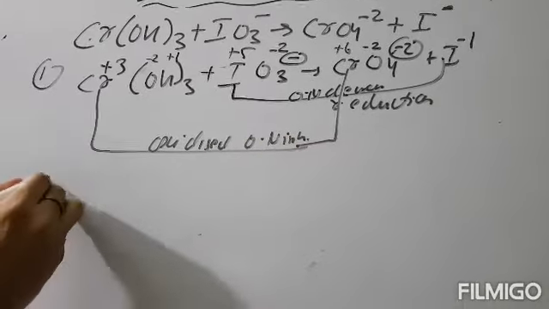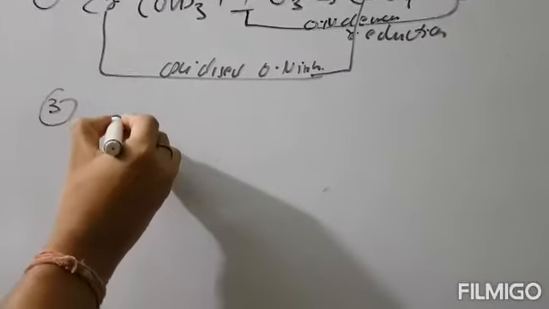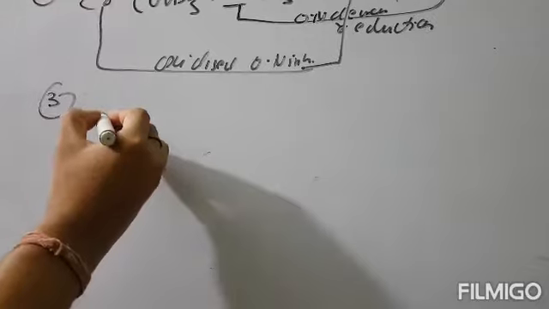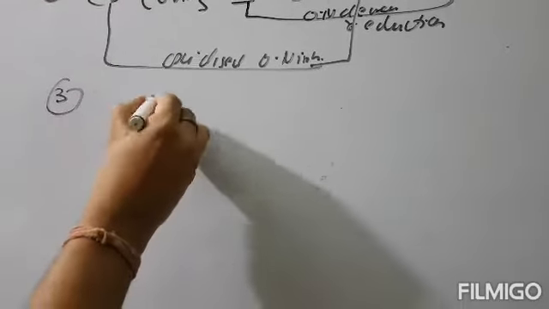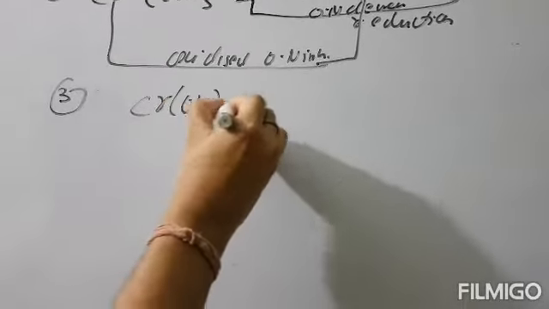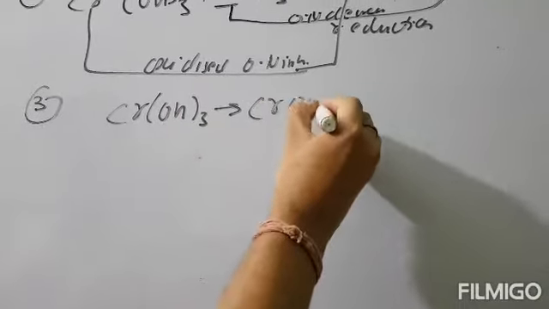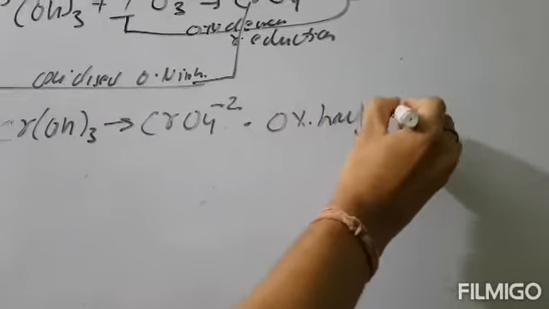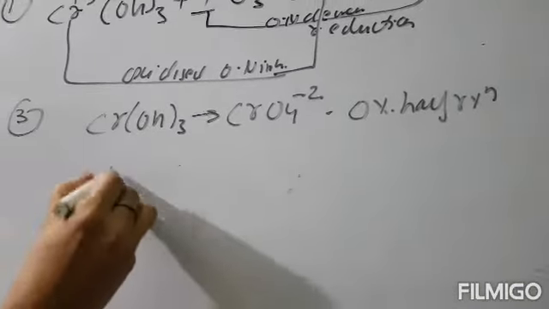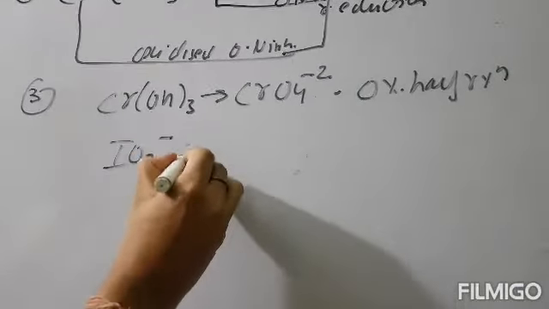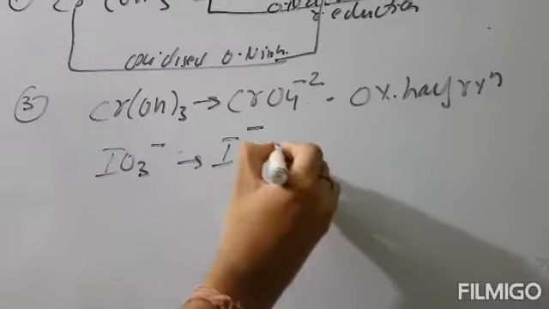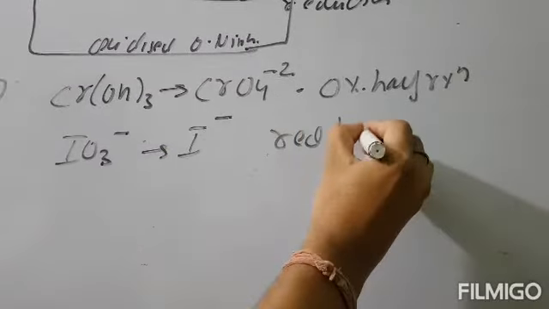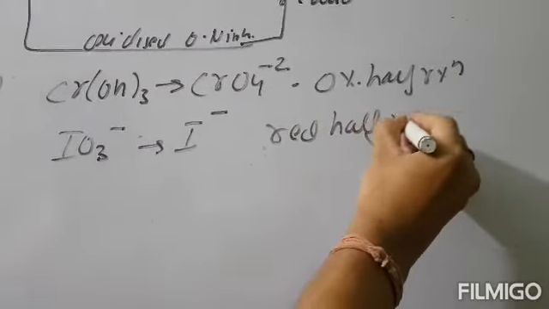Then the third point is that we will take out the oxidation half and reduction half reaction. So here Cr(OH)3 is giving you CrO4 2-. This is the oxidation half reaction, and then IO3- is giving you I-. This is the reduction half reaction.